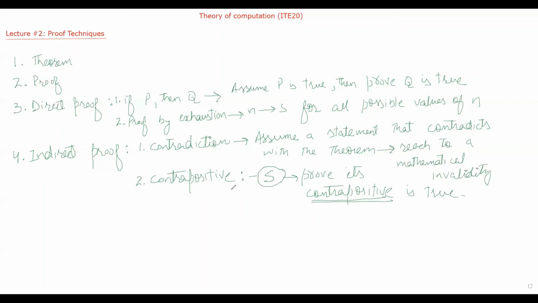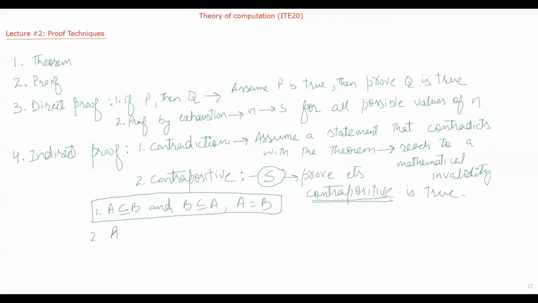Now I have to give one or two questions that you should do at home. The first question is: if A is a subset of B and B is a subset of A, then A is equal to B. This is one theorem that you have to prove.